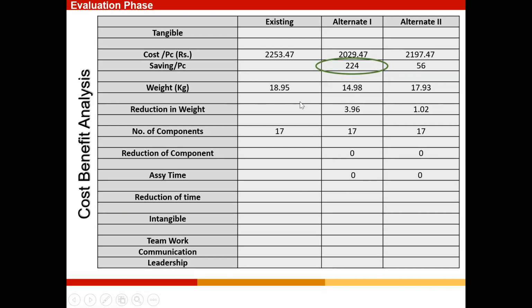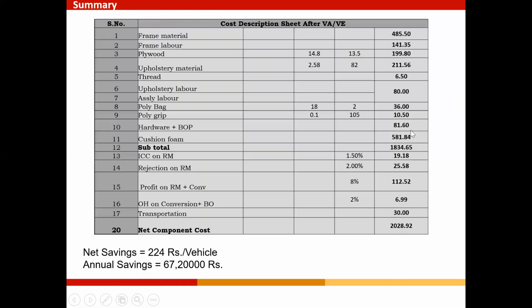So the overall weight for the existing product is 18.95 kg, and now with the help of the value improvement, you are going to get lesser weight. So the cost descriptions they also made after the value engineering or value analysis. So the cost of the seat is going to be 2,028 rupees.